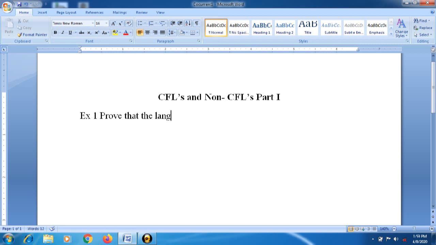Prove that the language of palindromes over the input alphabet set {0, 1} is not regular. For that we have to use the pumping lemma to solve such types of problems. Consider L to be the language of palindromes over the input alphabet set {0, 1}.